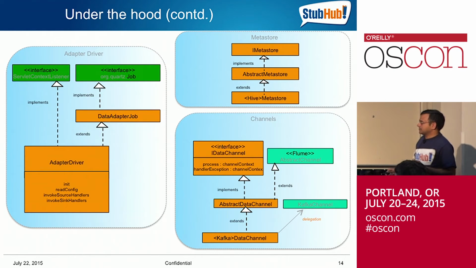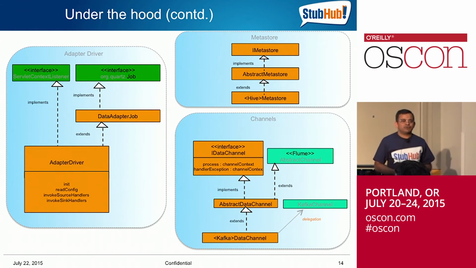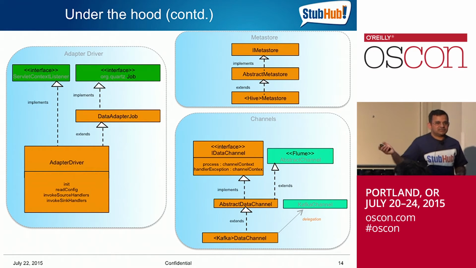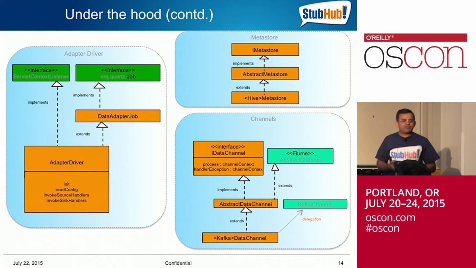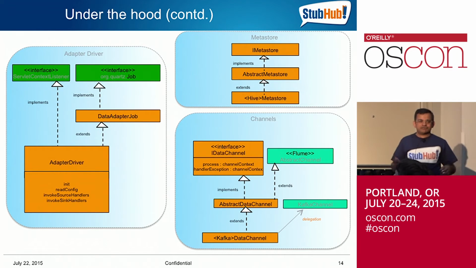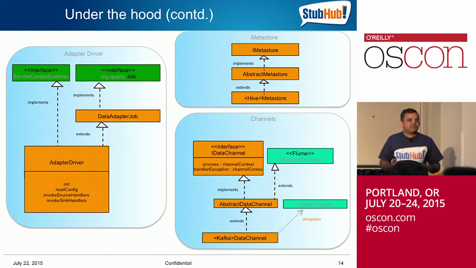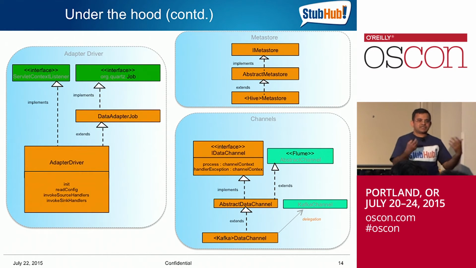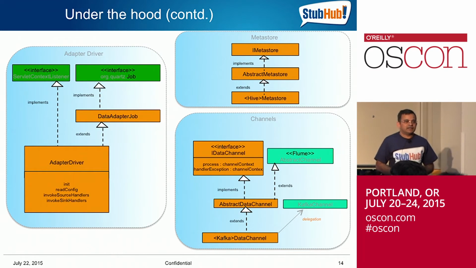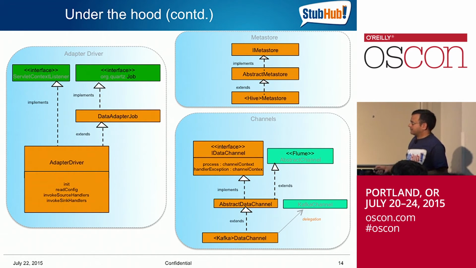As an example, there is a Kafka channel that's part of the Flume. Actually, now there is Flafka, which is the Kafka channel. It might be using the high-level consumer for Kafka, for those of you familiar with how that's done. What if you want better control over the offsets that you're reading from Kafka, and how do you do that? This is one example where, if you have used this channel interface, we have a Kafka data channel class that delegates and leverages a lot of this, but this is where we control the offsets.